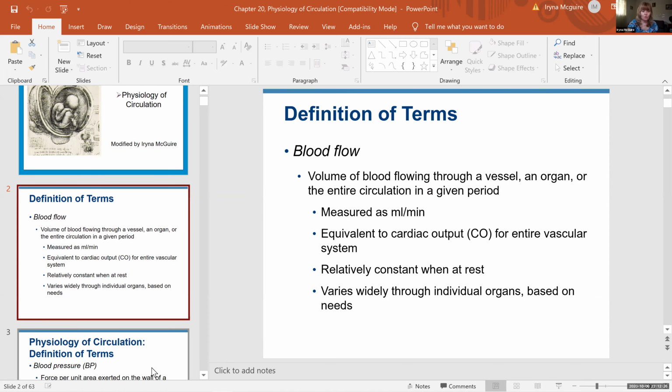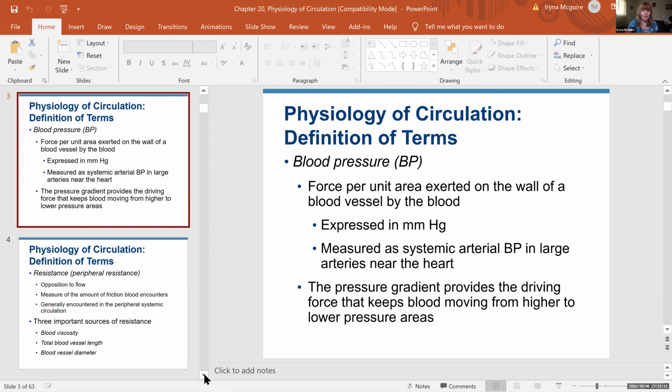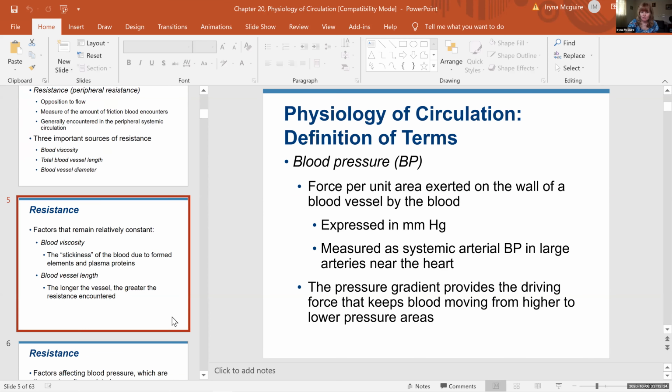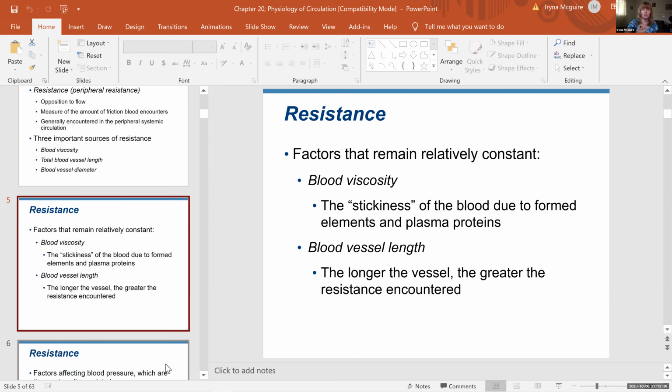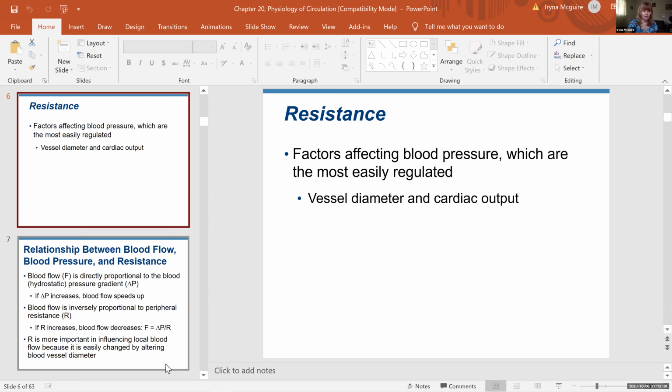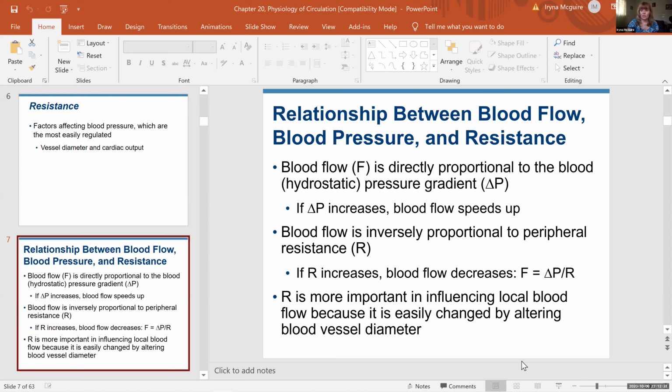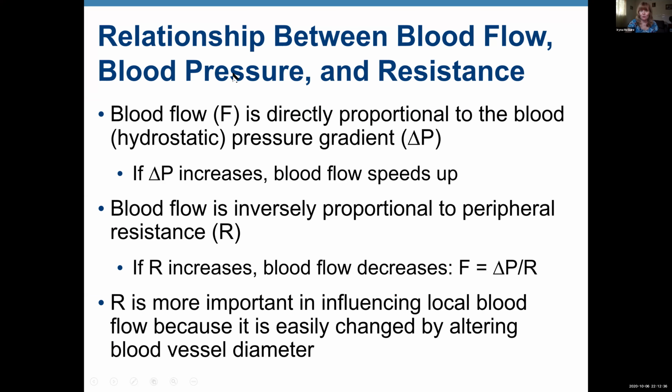What is blood flow? What is blood pressure? What is resistance? We even covered what factors can regulate this resistance. Now, the relationship between blood flow, blood pressure, and resistance.